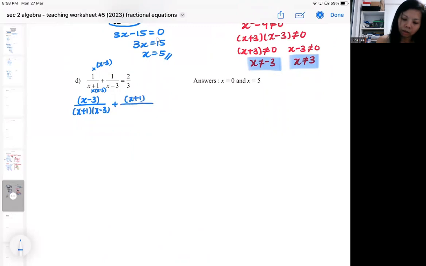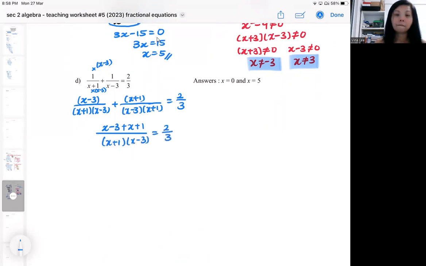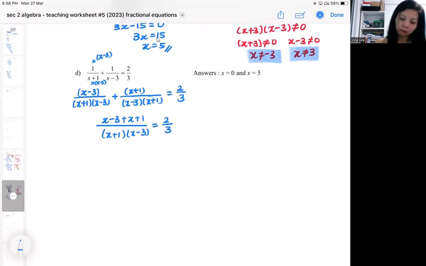Some of you are not doing it by this method, and sometimes you get inconsistency. I would suggest this is the standard method. So make the same denominator, and then I will try to cross multiply.